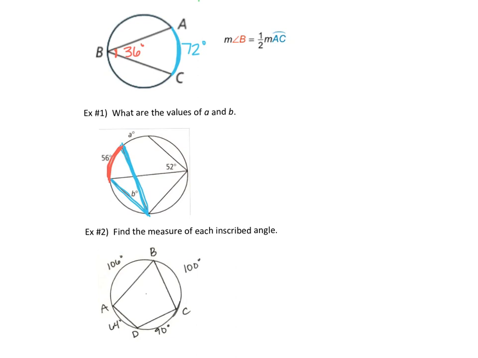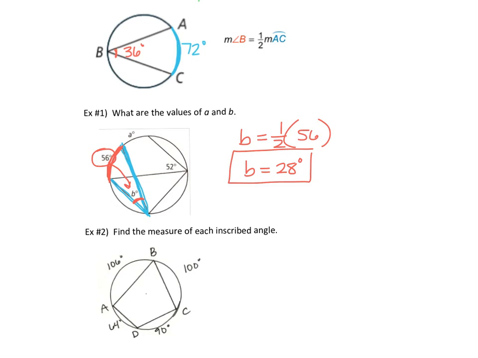So if my arc is 56, then my inscribed angle is going to be half of that. So angle B is going to be half of the arc. So half of 56. So that makes B 28 degrees. Okay, so I know angle B is 28 degrees.